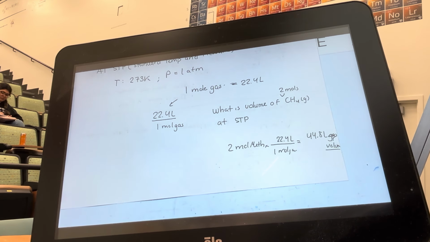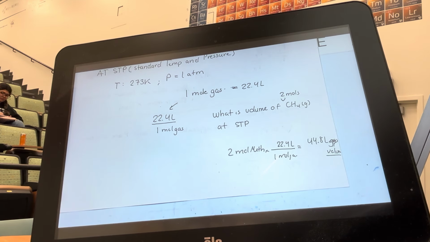Does that make sense? So this is a shortcut at some point. Sometimes the question is going to ask for it, but knowing this conversion factor is pretty important. That's it.